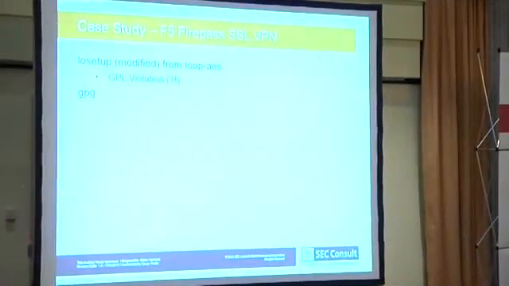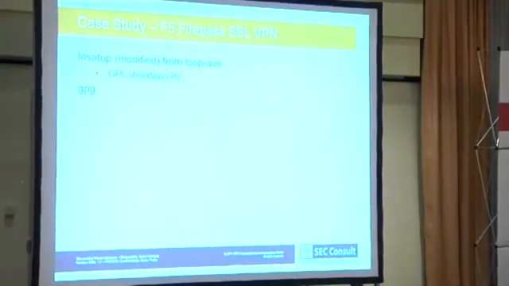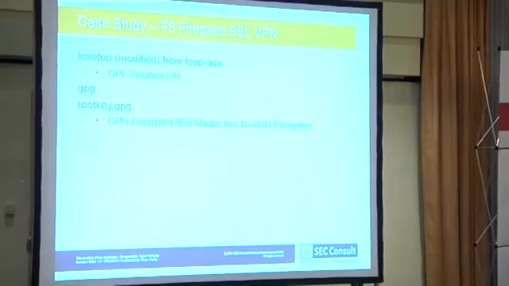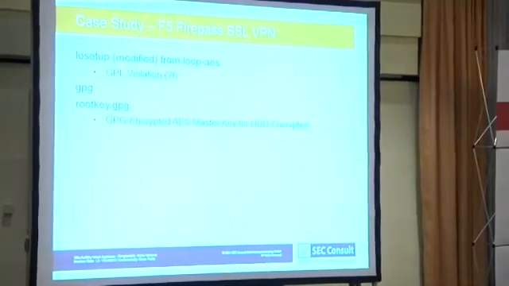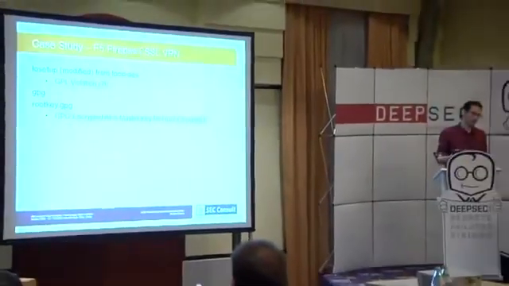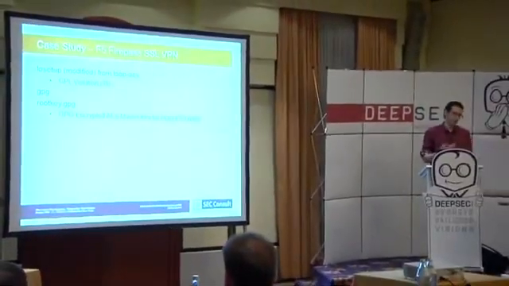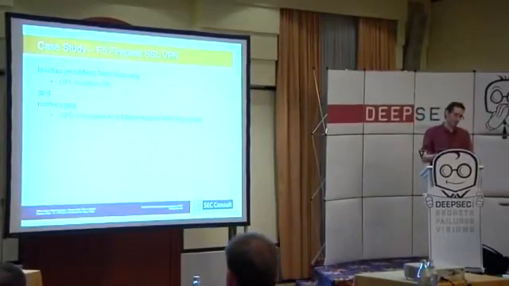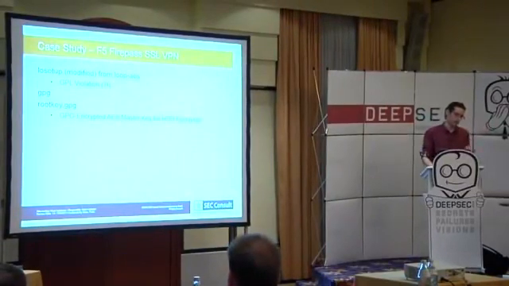And on the first partition, you're going to find some interesting files. So this is losetup.gpg and rootkey.gpg. So they're using loop-AES. Rootkey contains the AES master key and is encrypted using a passphrase, which has to somehow magically be entered into the GPG prompt.